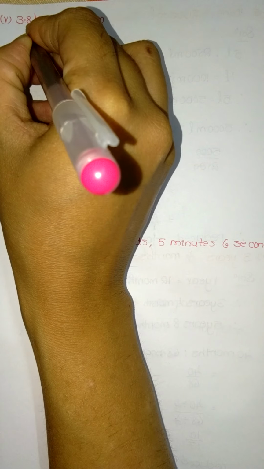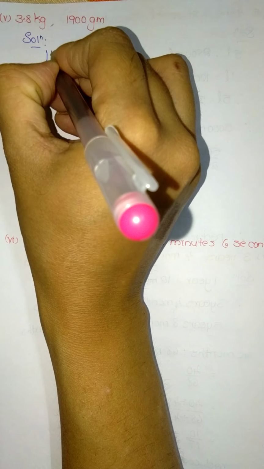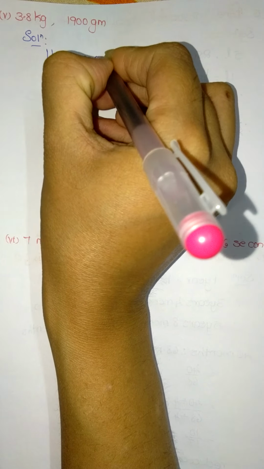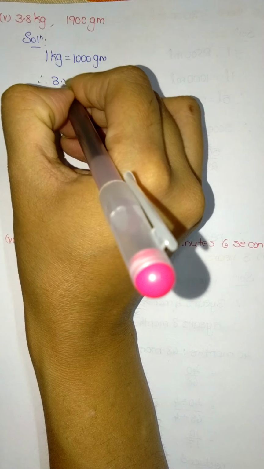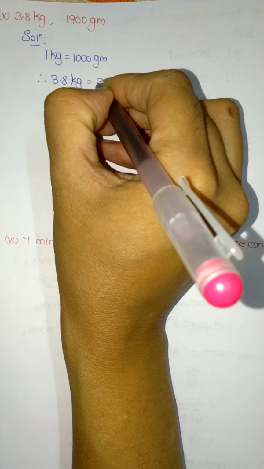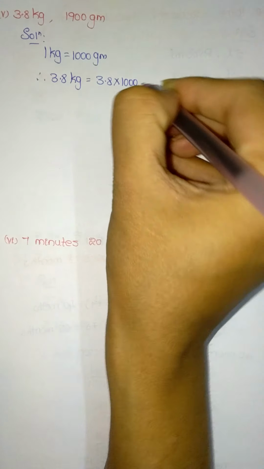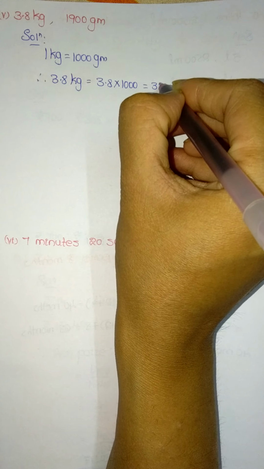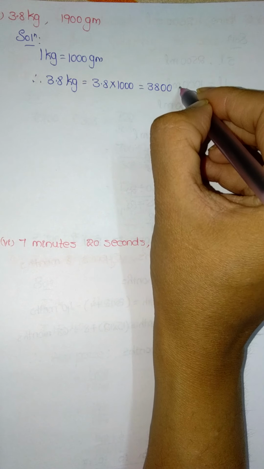So 1 kg equal to 1000 gram. Therefore 3.8 kg equal to 3800 gram.